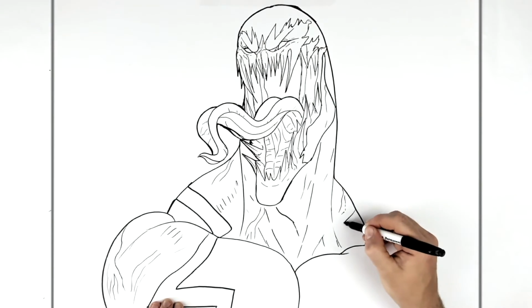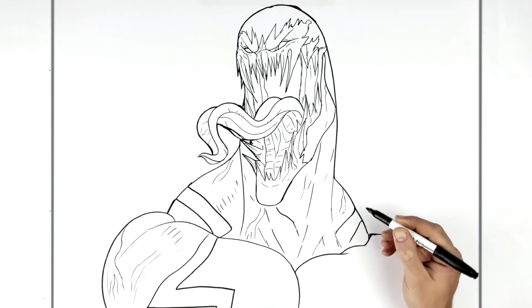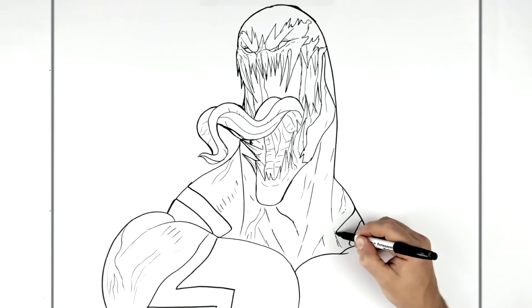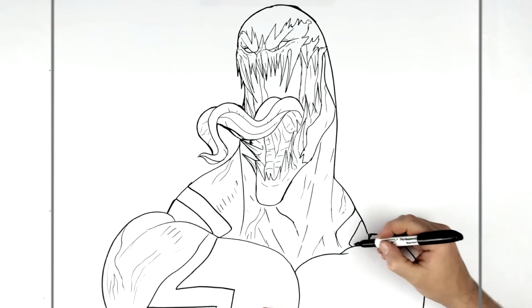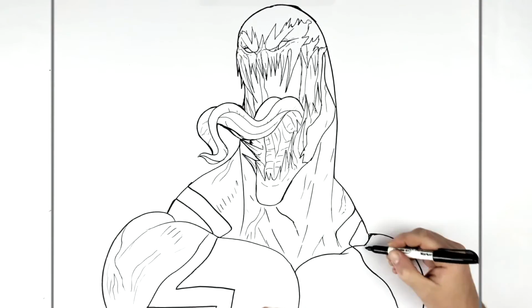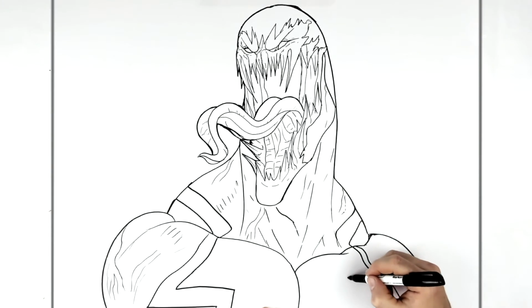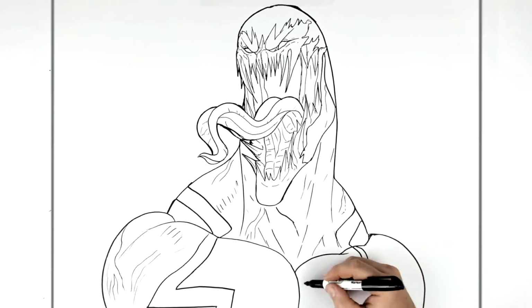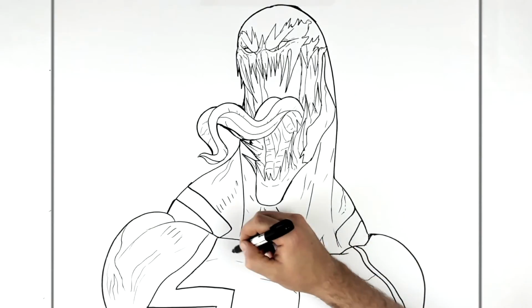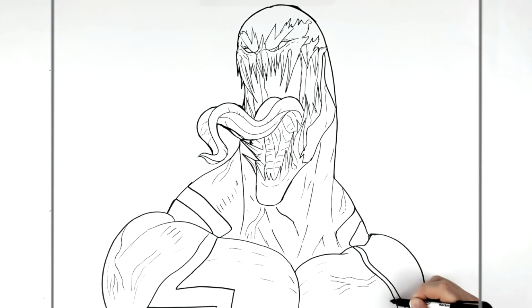And then this goes down behind his neck, and then comes down beside his shoulder. And again, veins and stuff, like texture lines coming across his muscles. This goes in here, dark.